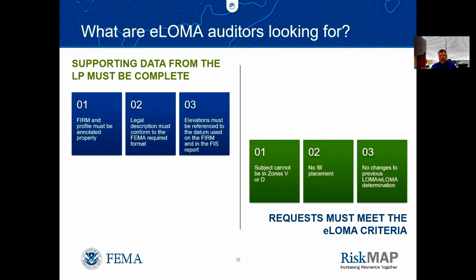As I mentioned before, the legal property description must conform to that FEMA required format. It often takes licensed professionals a few tries to figure out how that needs to be written. And we also make sure that the elevations that are entered for the subject, whether it be the lowest adjacent grade or the lowest lot elevation, pardon me, are referenced to the same datum that is used on the firm and in the FIS report.